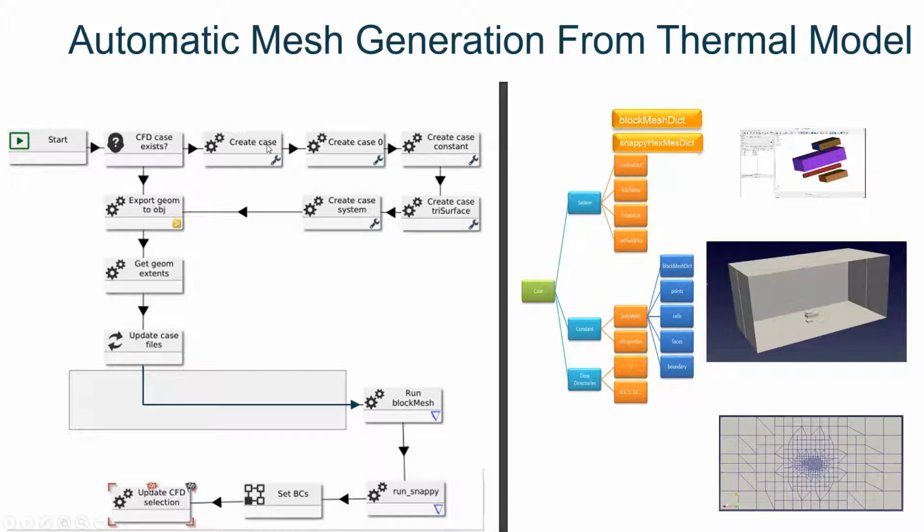The CoTherm canvas will automatically create the file structure for OpenFOAM: system files, constant, and parameters like blockMeshDict and snappyHexMeshDict. It creates the structure, and on top of that, it creates a tunnel around this thermal model where the flow goes, for example, in this case, from left to right, and exchanges information with the thermal model, in this case from TAITherm, and creates the mesh automatically.